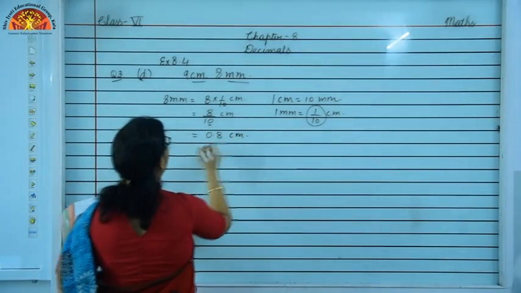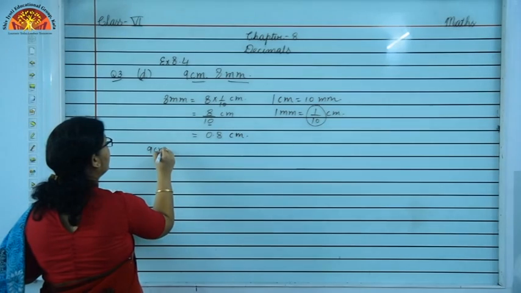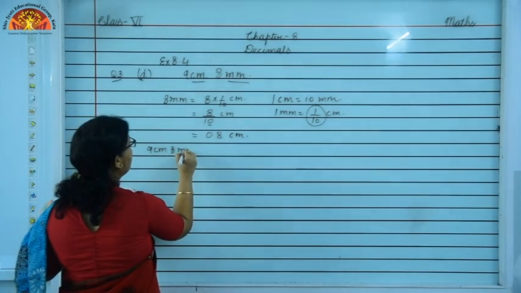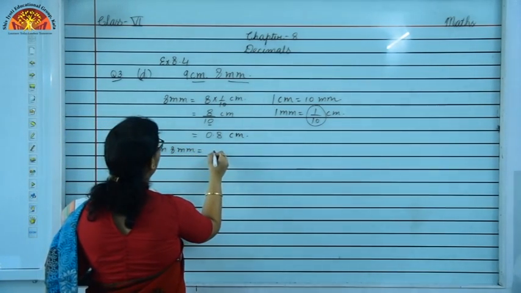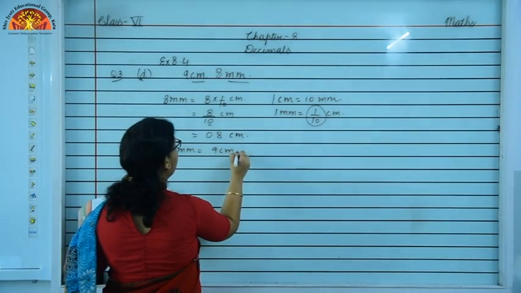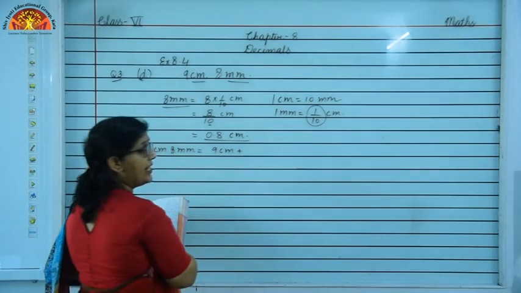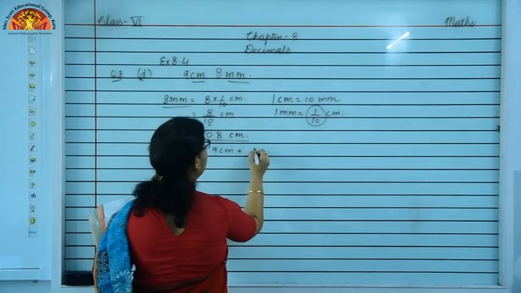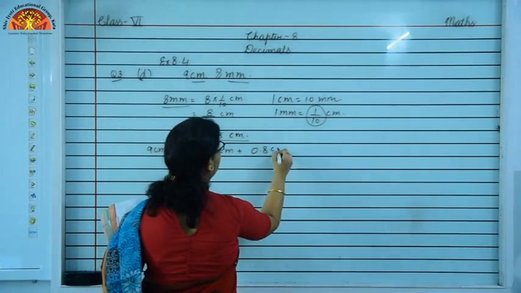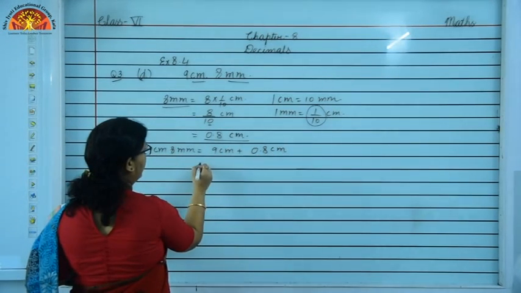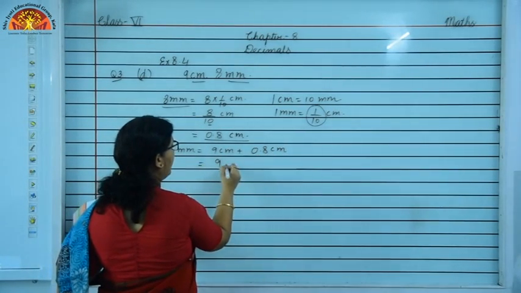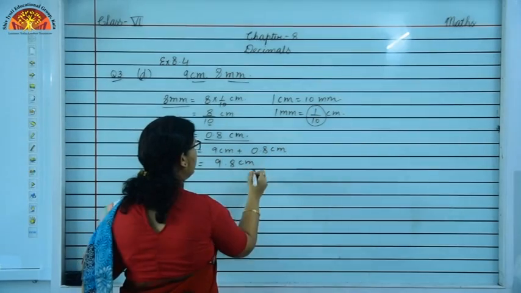So 9 centimeter plus 8 millimeter is equals to 0.8 centimeter. So we write 0.8 centimeter. Sorry, so it is equals to 9.8 centimeter.